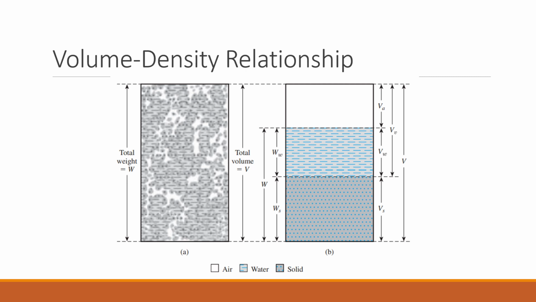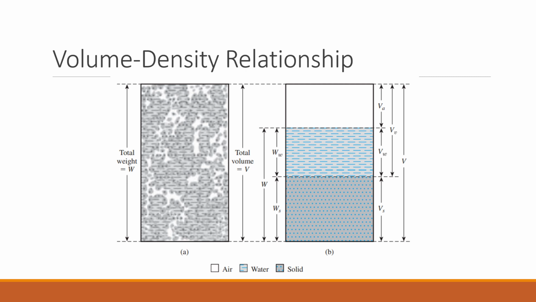So for this rectangle B, the portion for the solid is on the bottom part of the rectangle, and the next one is the volume occupied by water, and on the topmost part is the volume occupied by air.